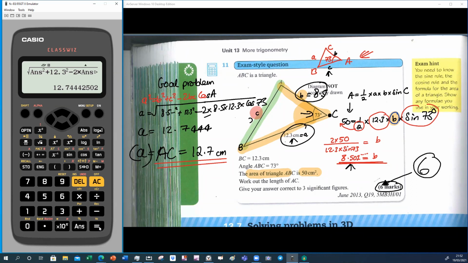Did we all manage to get 12.7? Now, I cannot overstate that you must not round off this value. Because you are doing a 2-parter, you might be doing a 3-parter in the exam as well. When you are working from one part to the next and the answer finishes at the end, you should never round off in the middle of the calculation.